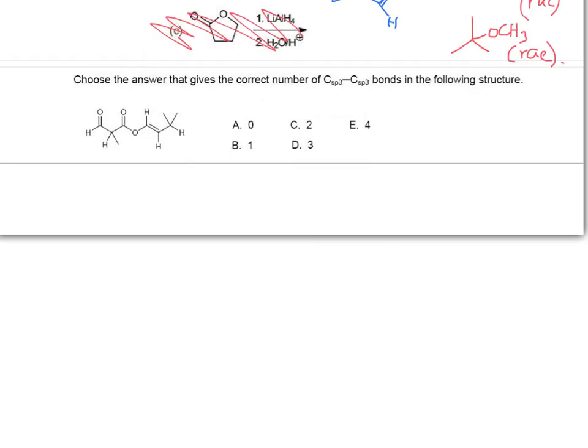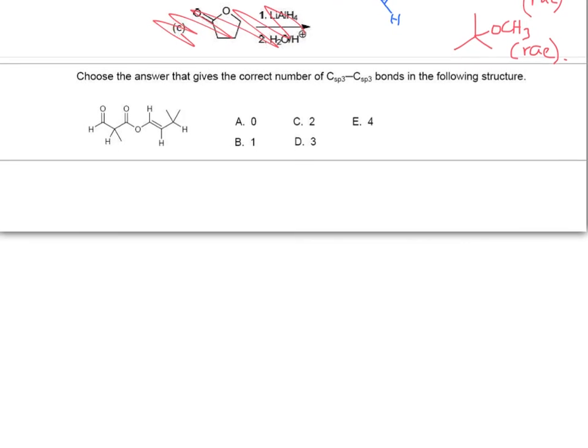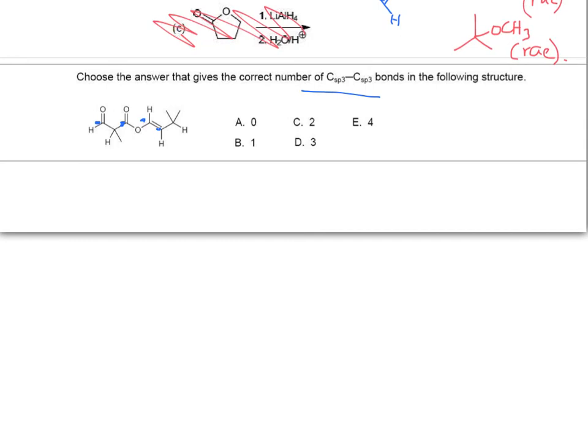Okay, the next question expects you to choose the answer that gives the correct number of sp3 bonds in the following structure. That's pretty straightforward. Anything that has a double bond is going to be an sp2. So this is sp2, sp2, sp2, sp2. And you're supposed to go for an sp3, sp3. So even the one in between is not going to be counted other than what you have.